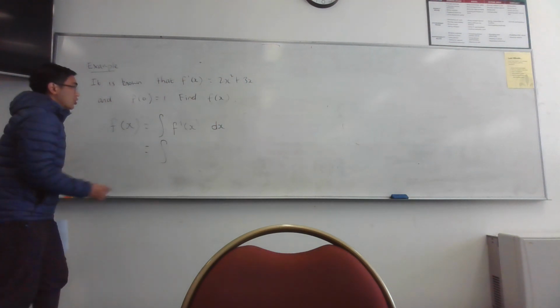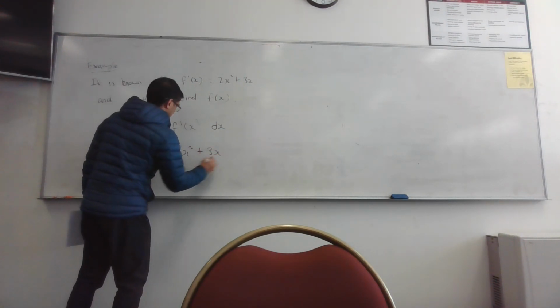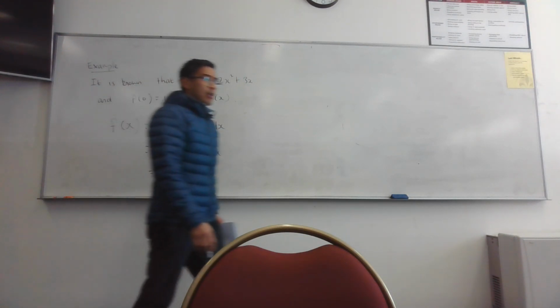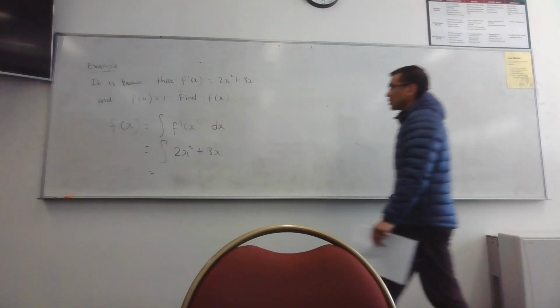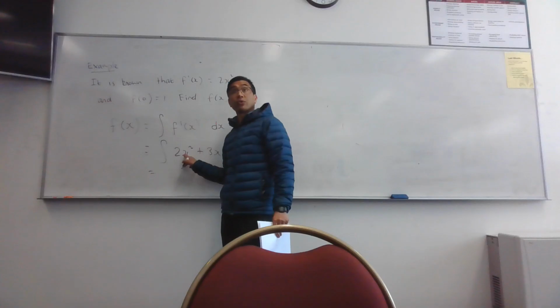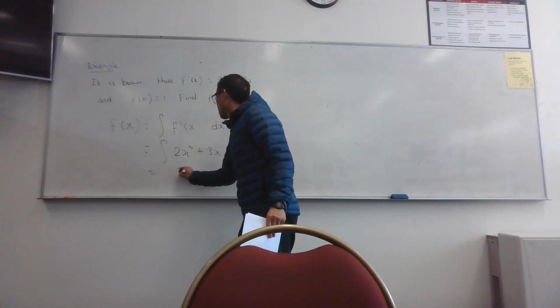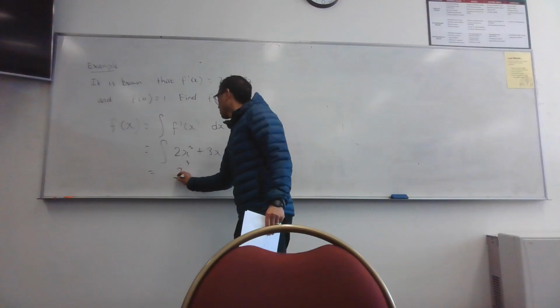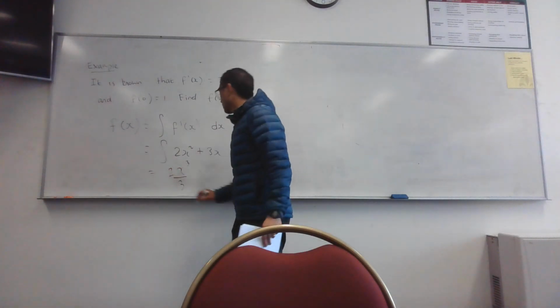I simply substitute what I've got in here, 2x squared plus 3x. X squared, Jesse, x squared. If I integrate a 2x squared, power 2, what does it become? 3. What's on the bottom? A 3. And what was already there? 2. Okay.